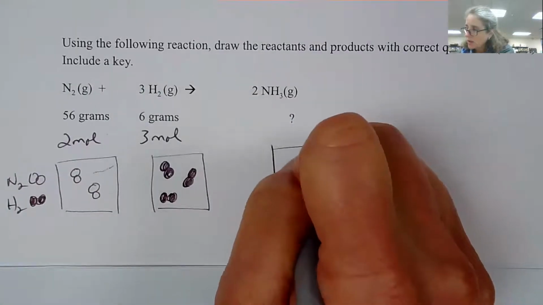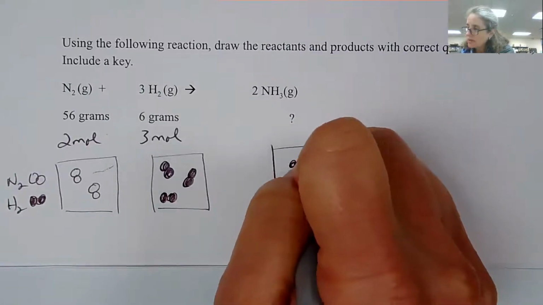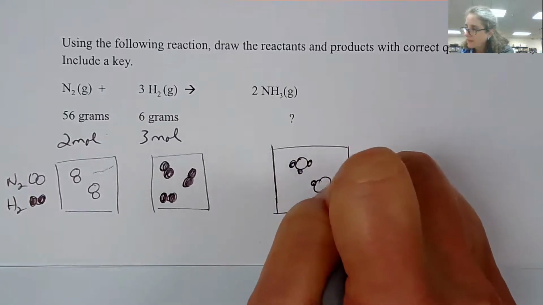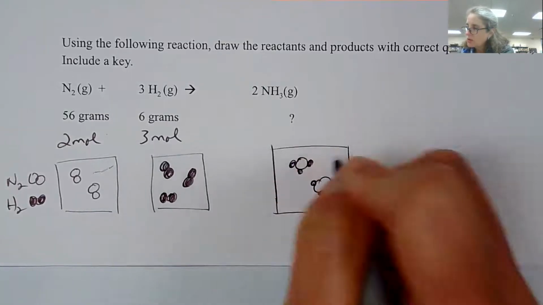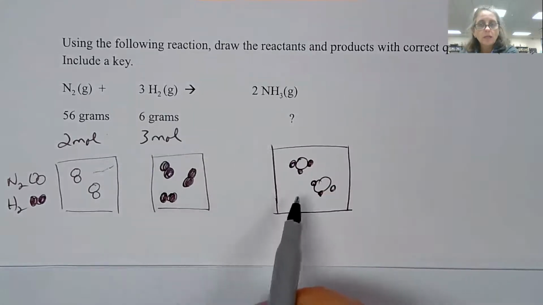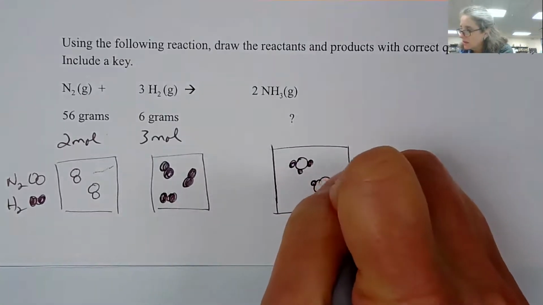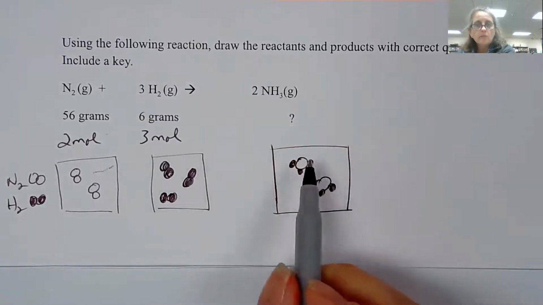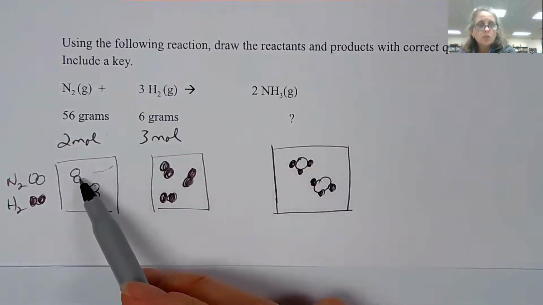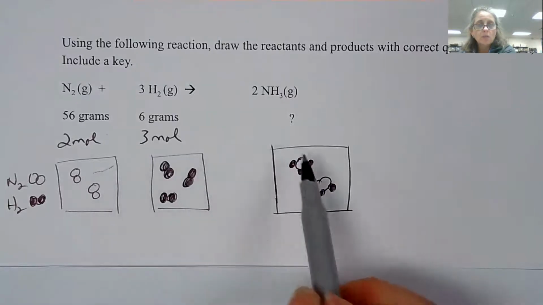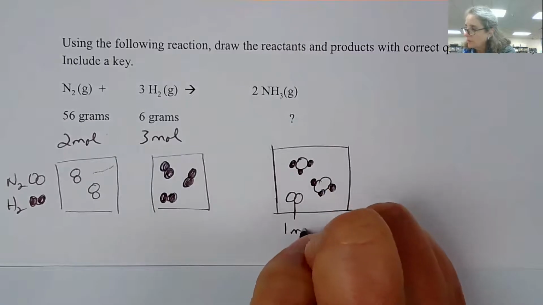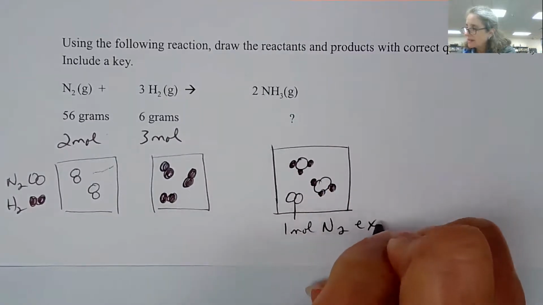So if I draw a nitrogen and then I draw 3 around the nitrogen, I will pretty much use up all of the hydrogen. Okay, so I have 6 colored in circles here. And then I have used 2 of the nitrogens over here. So what I have left over is a nitrogen. 1 mole of nitrogen is in excess.